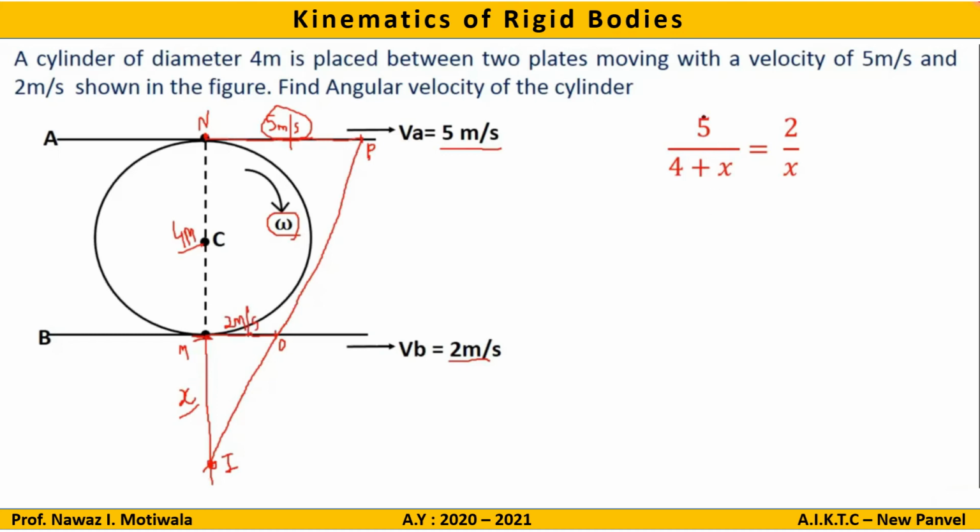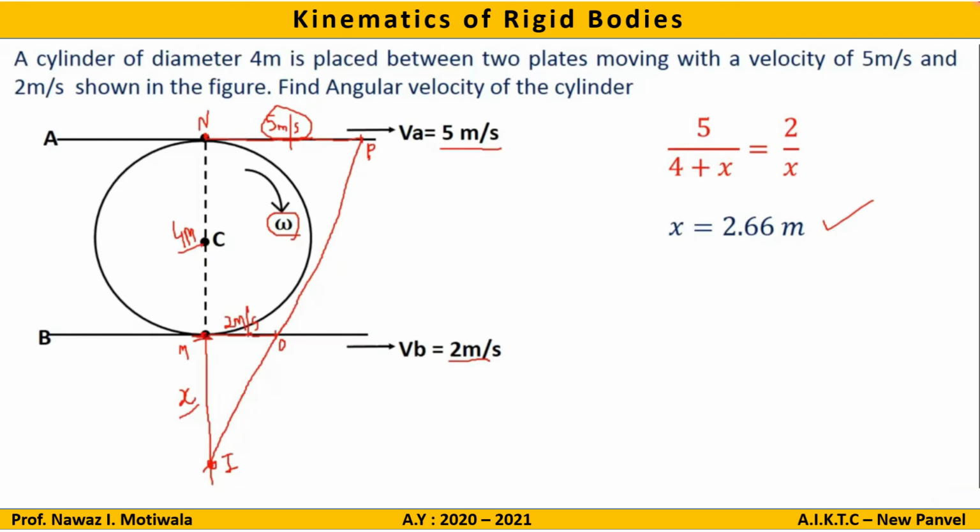So by similarity 5 divided by 4 plus x equals 2 divided by x. On solving that, I get x as 2.66 meters. That means this ICR is located 2.66 meters away from this particular point.